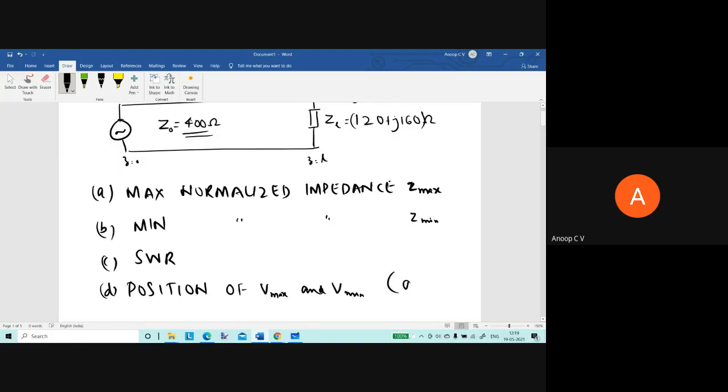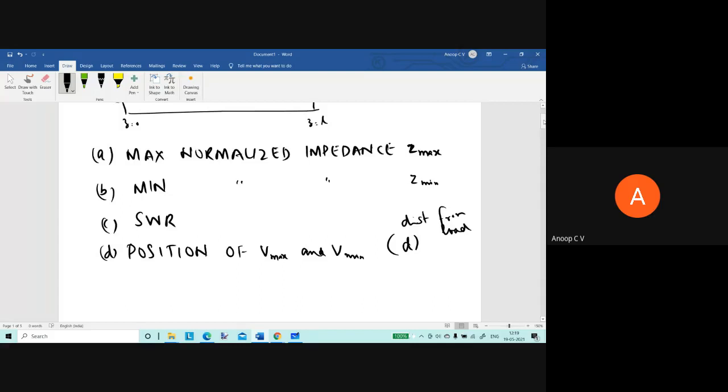You have to find it in terms of D, that is, as distance from the load. Then question E: you should find the reflection coefficient gamma L as mod gamma L into e power j theta L. Both magnitude and phase you have to find. These are the things you have to find.